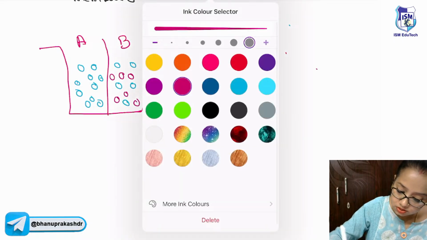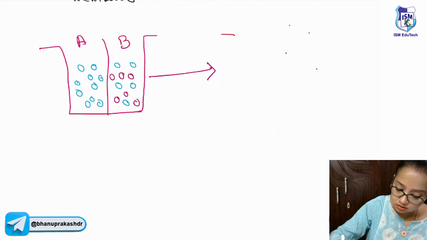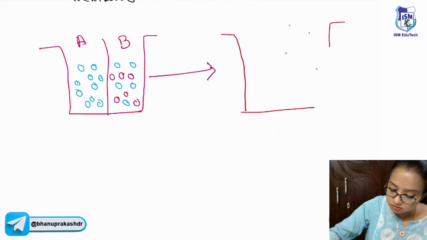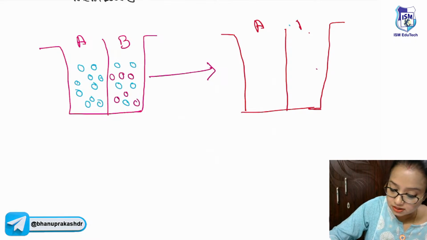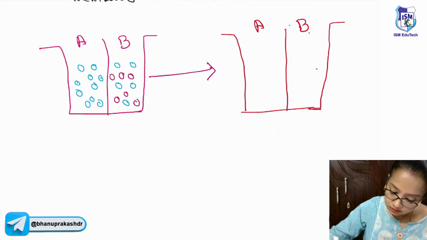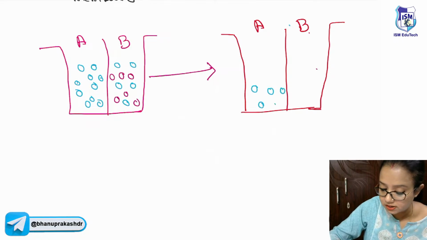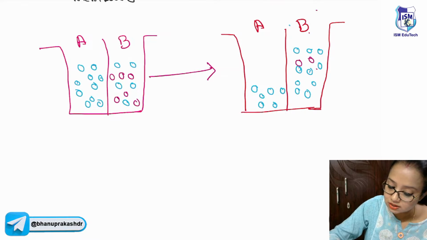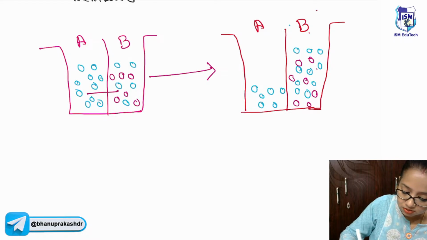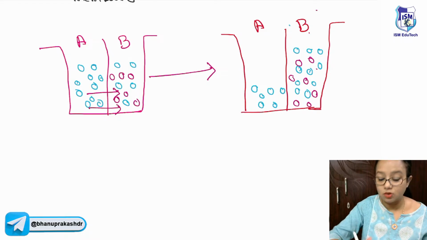So after a few hours, what we see is in this same beaker, having compartment A and compartment B, the solvent has migrated from compartment A to compartment B, and no solute has migrated from B to A. So, the migration has been from compartment A to compartment B. And what moved?